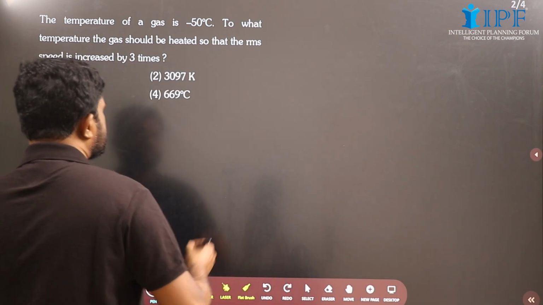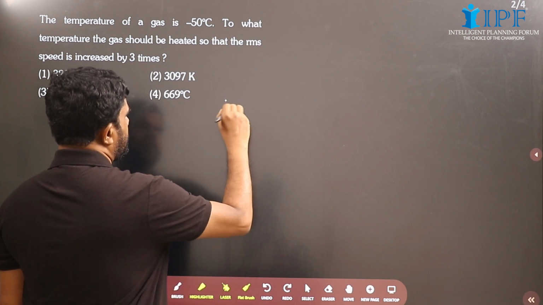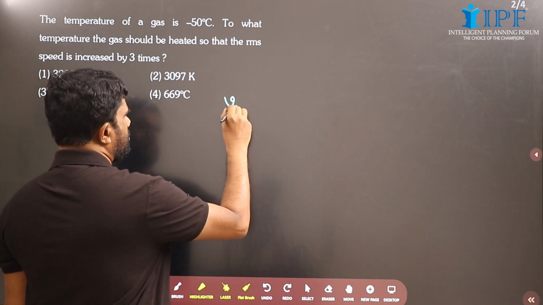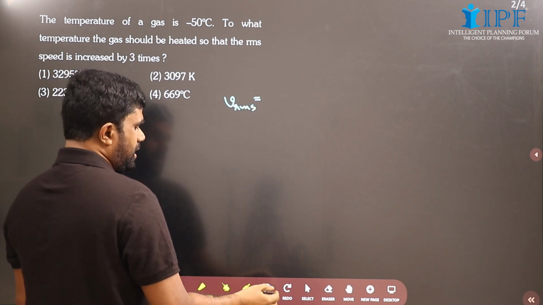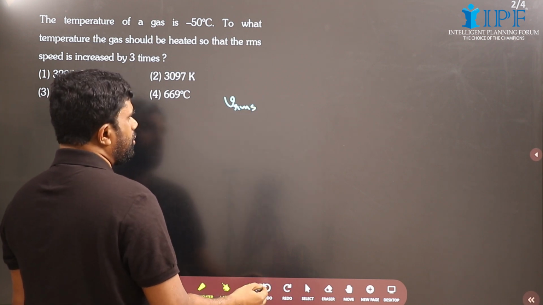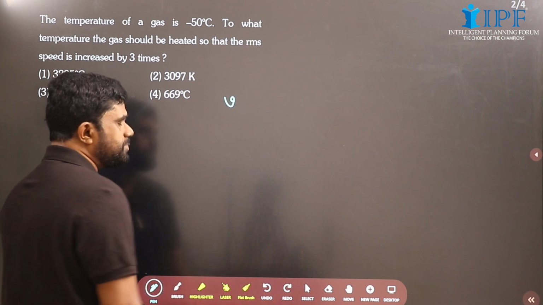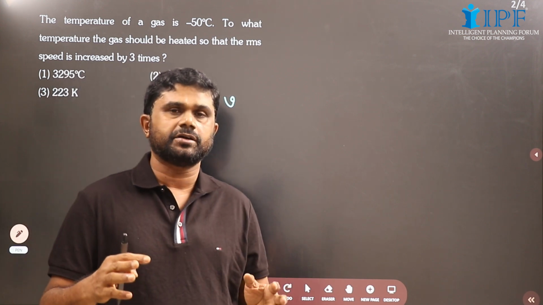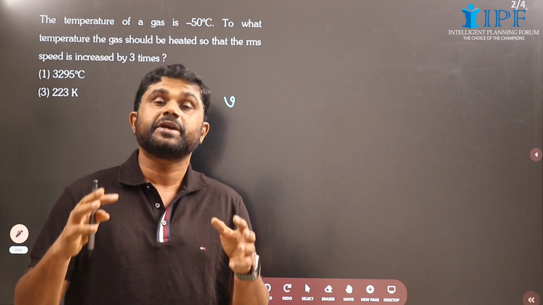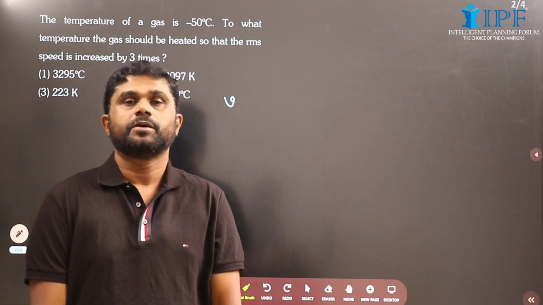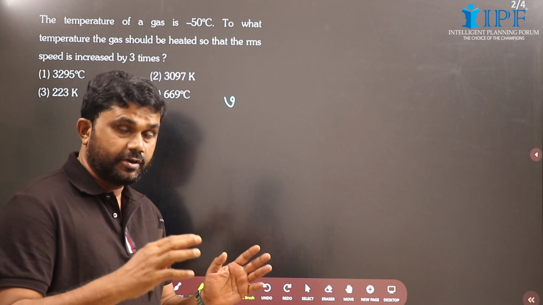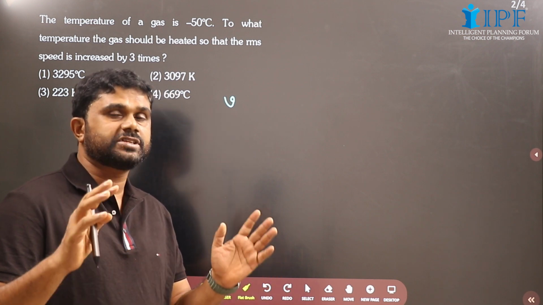See, what is the expression for RMS speed? I'll write here V_RMS. I need not always write the suffix RMS, because here we are dealing only with the RMS speed, not the average speed or most probable speed.